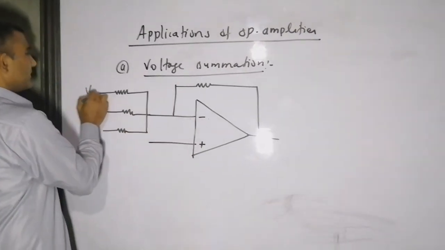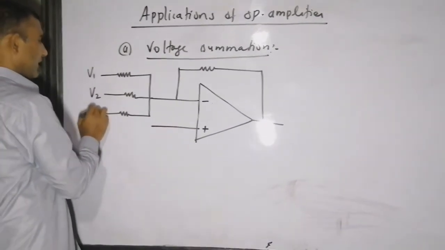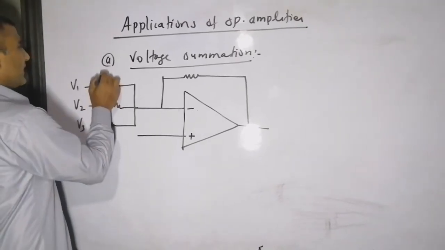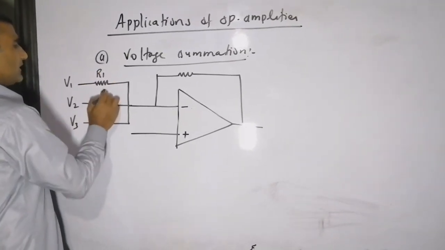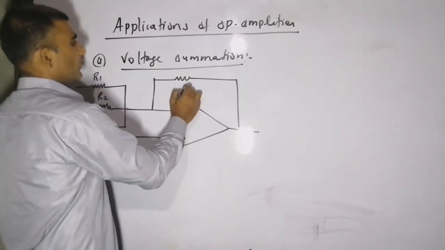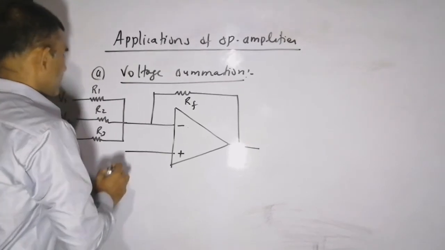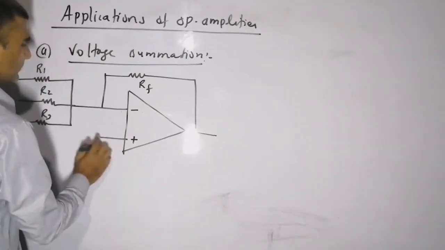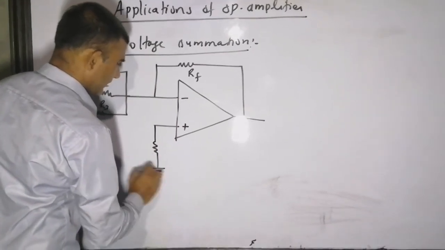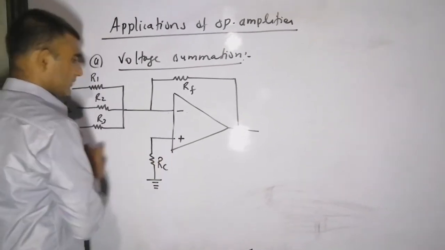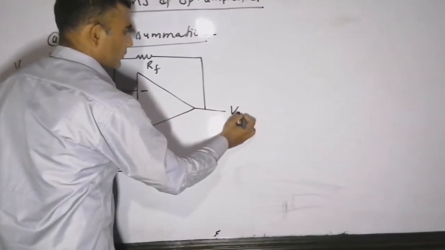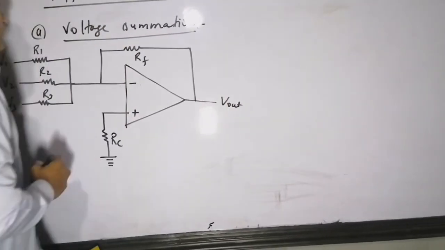The inputs are V1, V2, and V3, which can be AC or DC, anything. The resistances are R1, R2, and R3. The feedback resistance has the usual notation RF, and a compensating resistor is connected to the non-inverting terminal, which we ground. This is our output, V out.